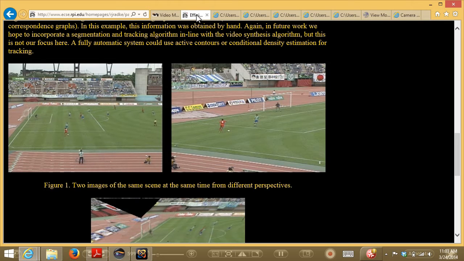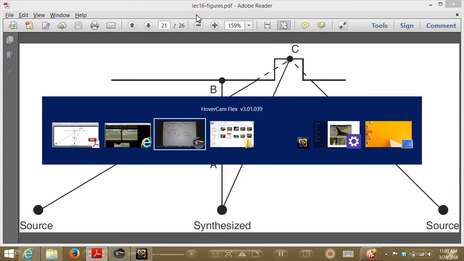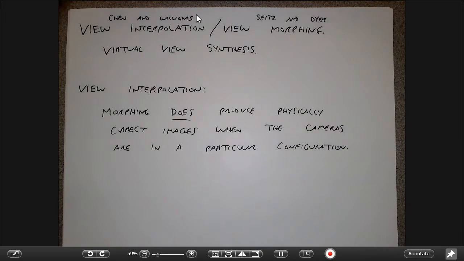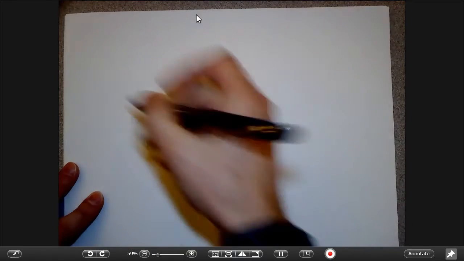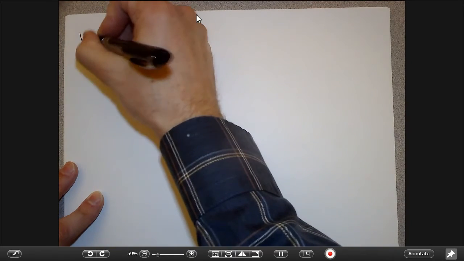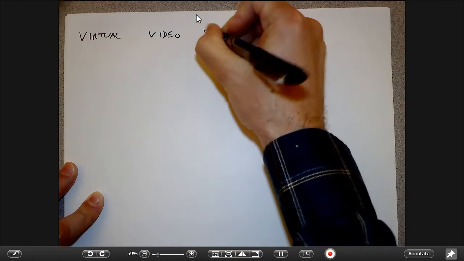So the other thing I did was apply this view morphing idea to video, right? And so you could make this even more complicated by saying, okay, I could do virtual video synthesis, right?